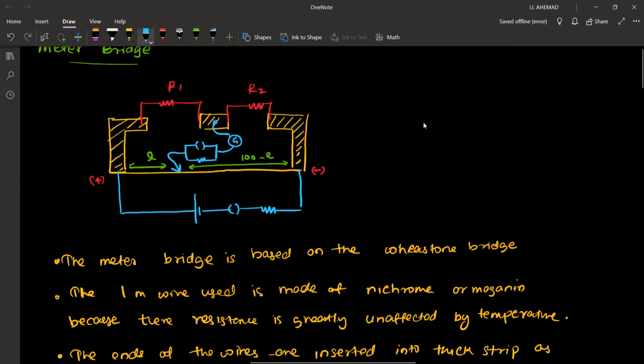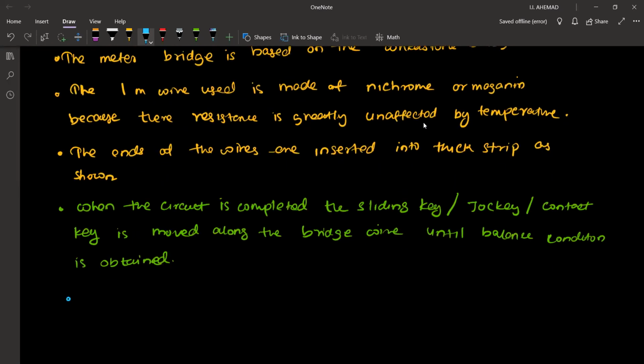So let's say this is point P, where the balance condition takes place. Point P is called the balance point.